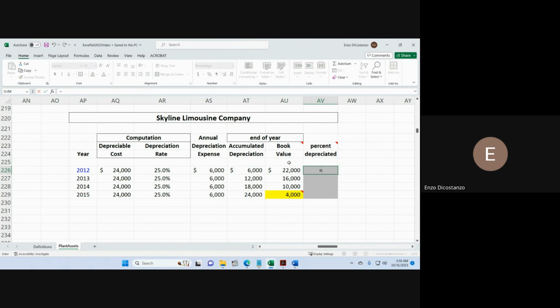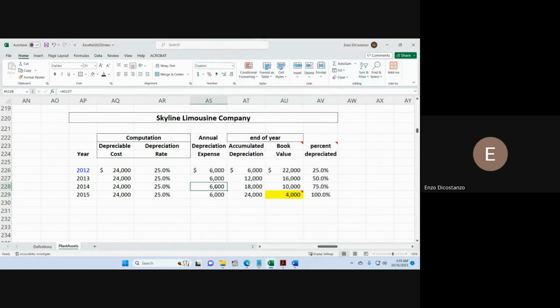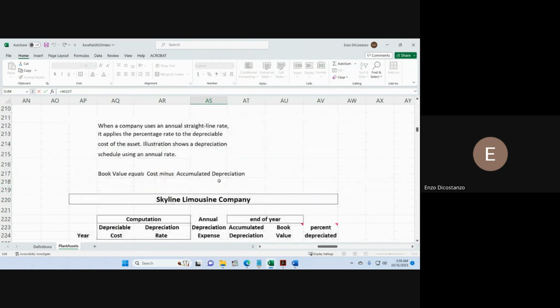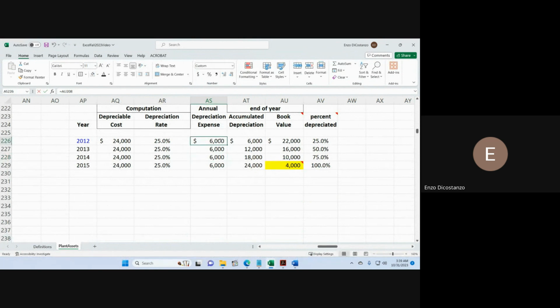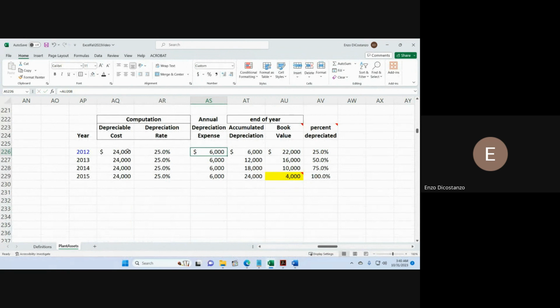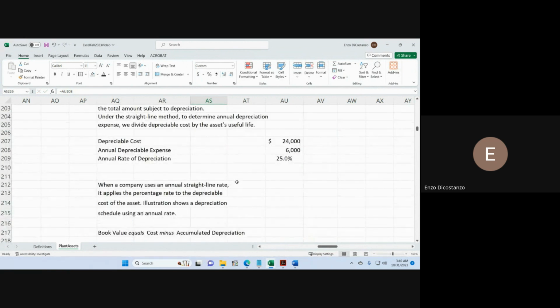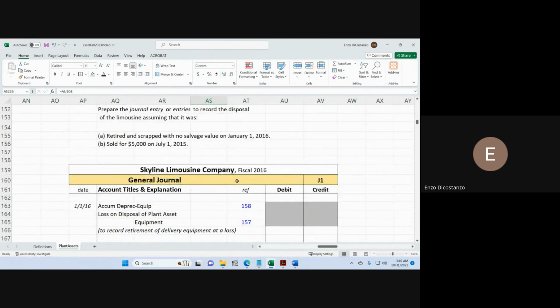And this is going to be accumulated divided by the depreciable cost until you get to 100. Yeah, we did all that. This was just the same thing that we just worked on. Or you could take the rate times this, a quarter of this is 6,000. That's another way you could do it. Okay. But let's do these journal entries.